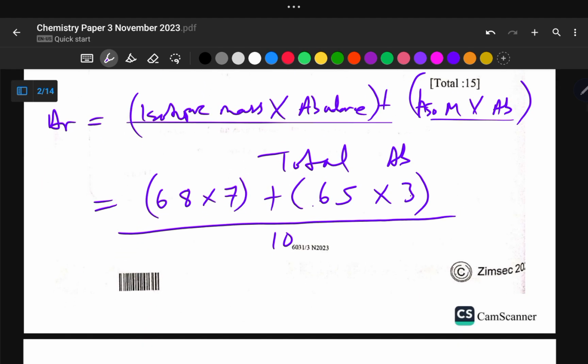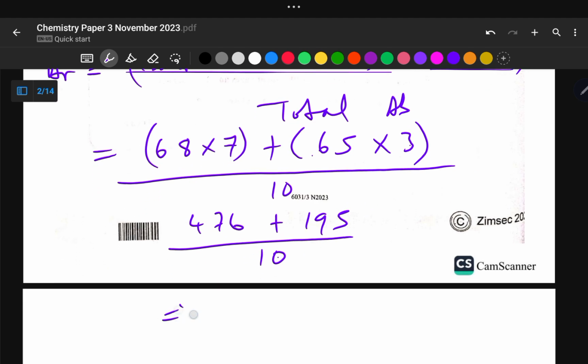So we're going straight to our calculator. 68 times 7 gives us 476, and then 65 times 3 gives us 195, all over 10. So it's 476 plus 195 divided by 10, and we're going to have 67.1.